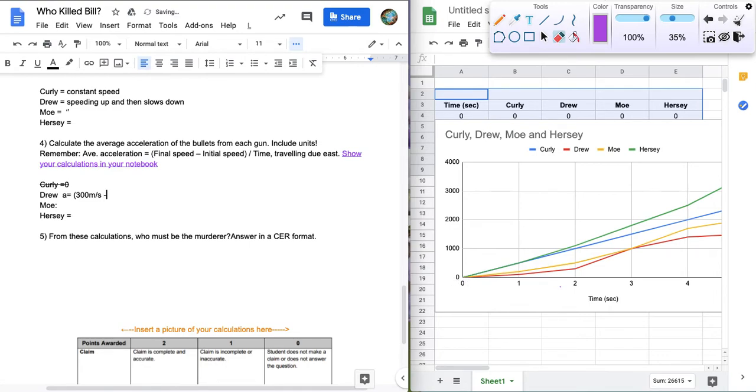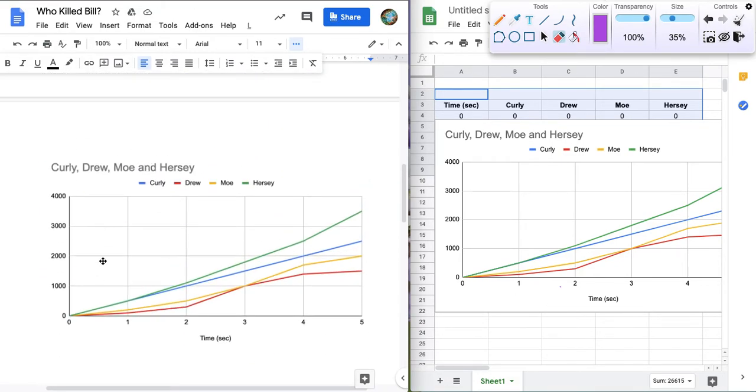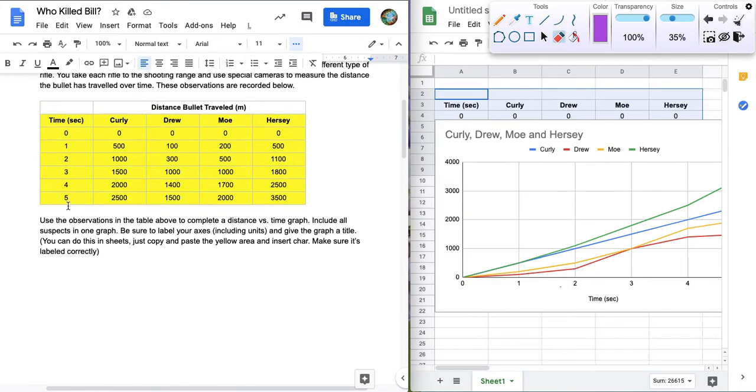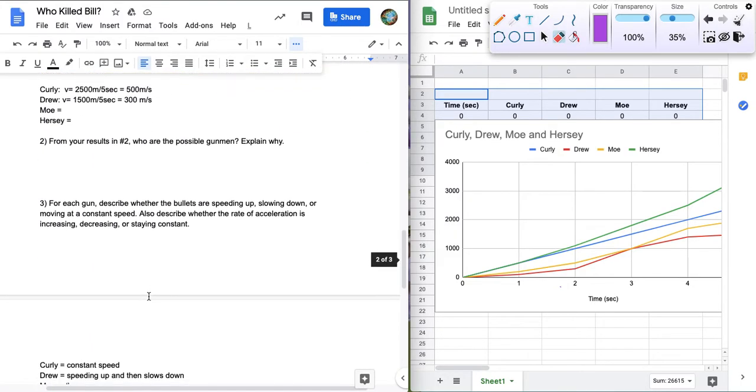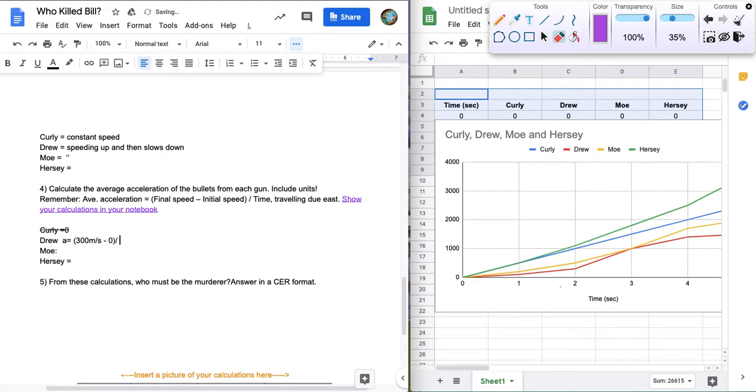So we're going to do minus 0. The initial speed is 0. Divided by the time. And the time for all of them is 5 seconds. Sorry guys, I'm getting it from the data table. 5 seconds. So when we do this calculation, that would be 300 divided by 5.